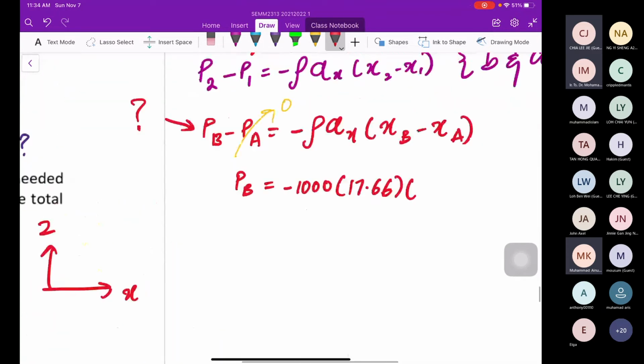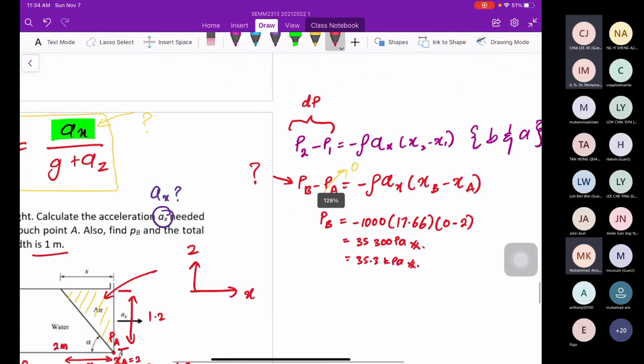So XB is 0 minus XA is 2. You will get the final answer of 35,300 Pascal. You can put 35.3 kilopascal as well.